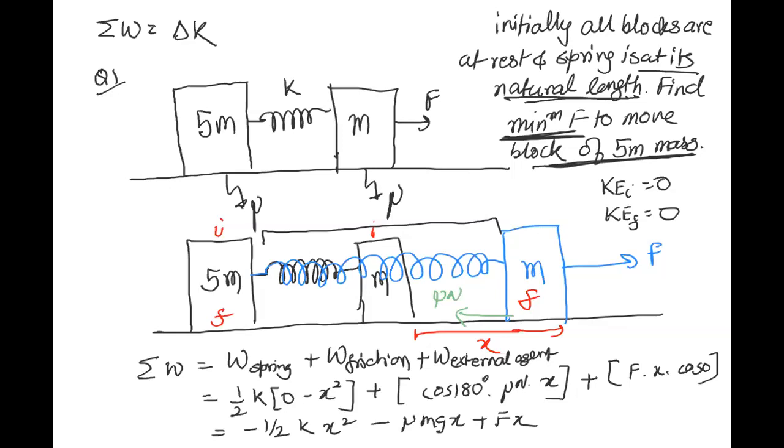Please take a screenshot. I'm going on to the next slide. Please take a screenshot, write it down. So I will get now the equation, which is minus half kx square minus mu mgx plus fx is equal to 0.